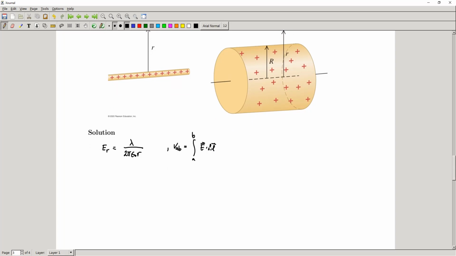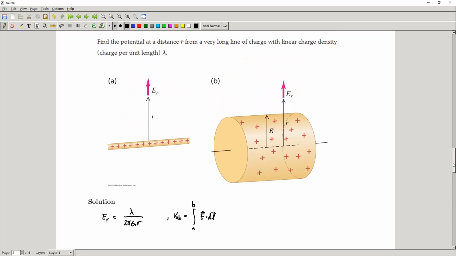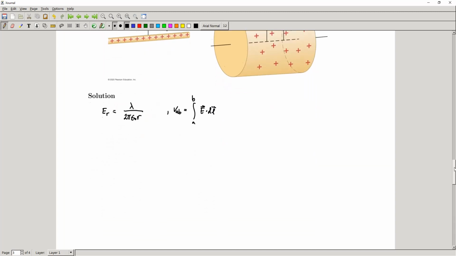Let's say we're here, some distance r away. Everywhere we are, E is pointing in this direction, and dl is also pointing in this direction, because we're integrating over these small chunks of length. So in both cases, we have an r hat pointing in this direction.